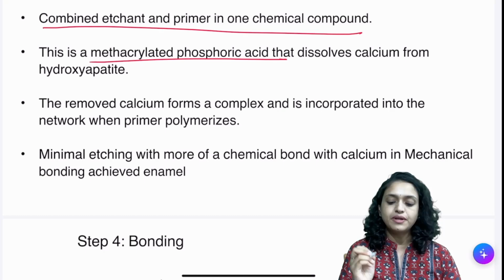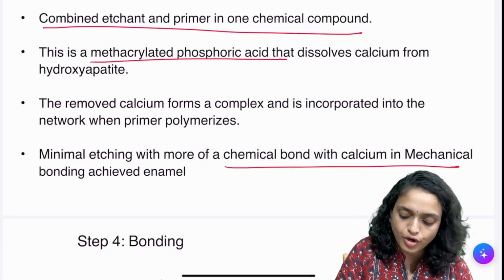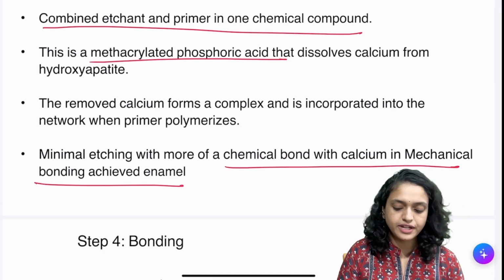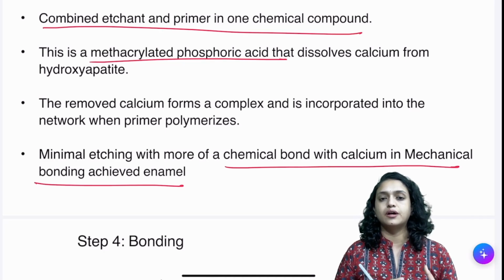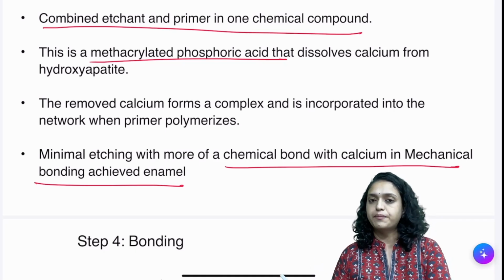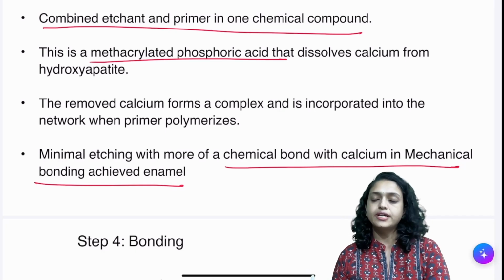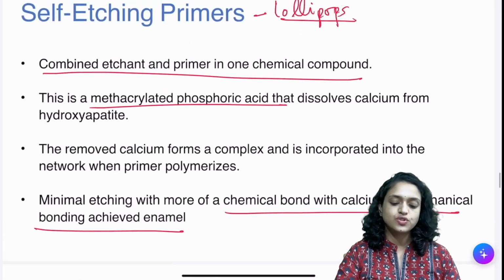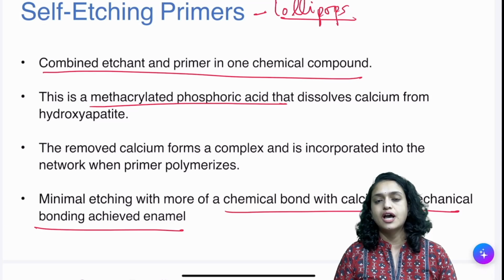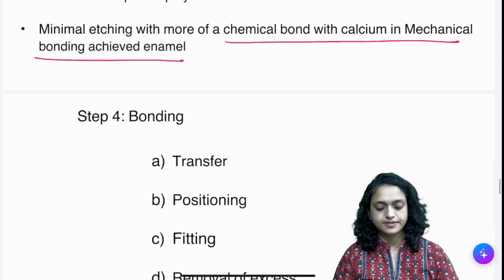So there is minimal etching and more of a chemical bond with the calcium than the mechanical bonding achieved with the enamel. So normal etching and priming is more mechanical bonding, and self-etching primers have more chemical bonding with the calcium. So this you need to remember. Self-etching primers are one of the advancements in orthodontic practice.